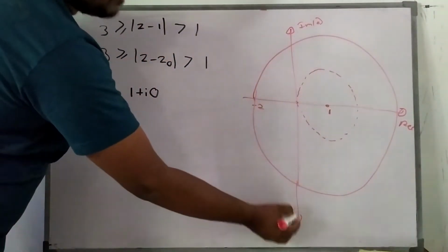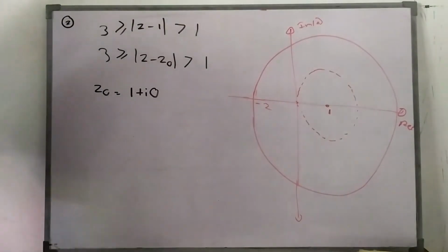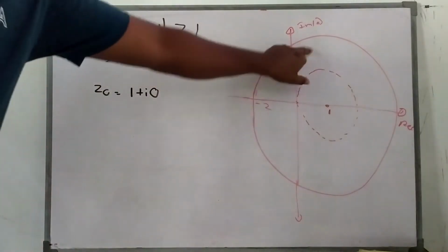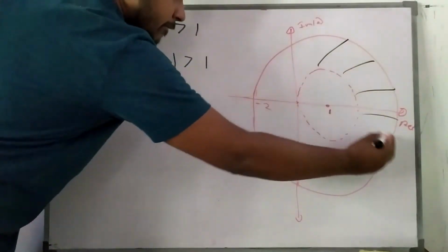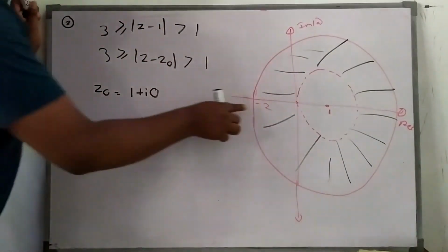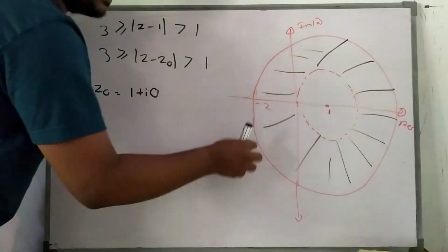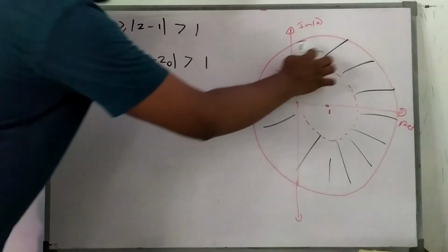It's like this way, minus 2. Therefore my variable complex number z is located somewhere here, right? Then I'm going to color the region, right? So it can be located over here on the circumference, but not only that small circle circumference, it is located somewhere here, right?